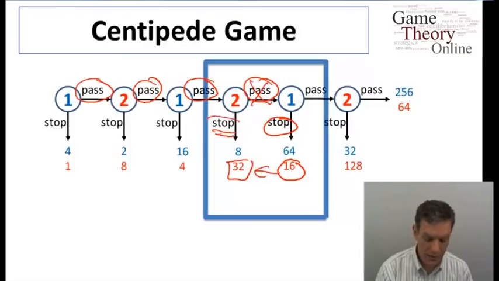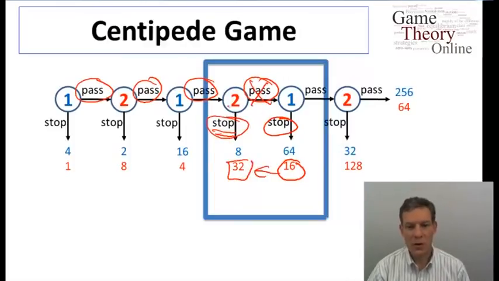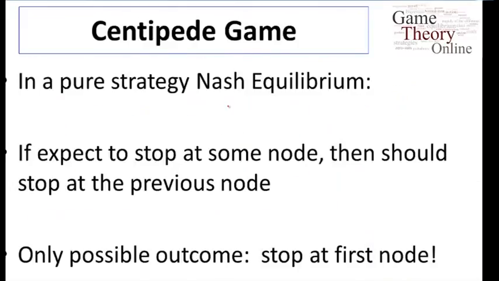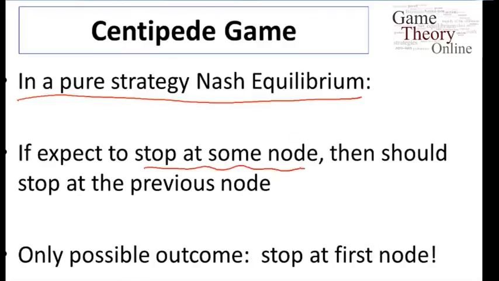Therefore, they shouldn't pass. They should stop. So as we go through this reasoning, we keep ruling out all these things as Nash equilibria. If we continue to analyze it, it'll continue to break down all the way back to the beginning. When we're looking for a pure strategy Nash equilibrium, what are we going to find? If you expect to stop at some node, then whoever was making a move before that should stop at the previous node, right?